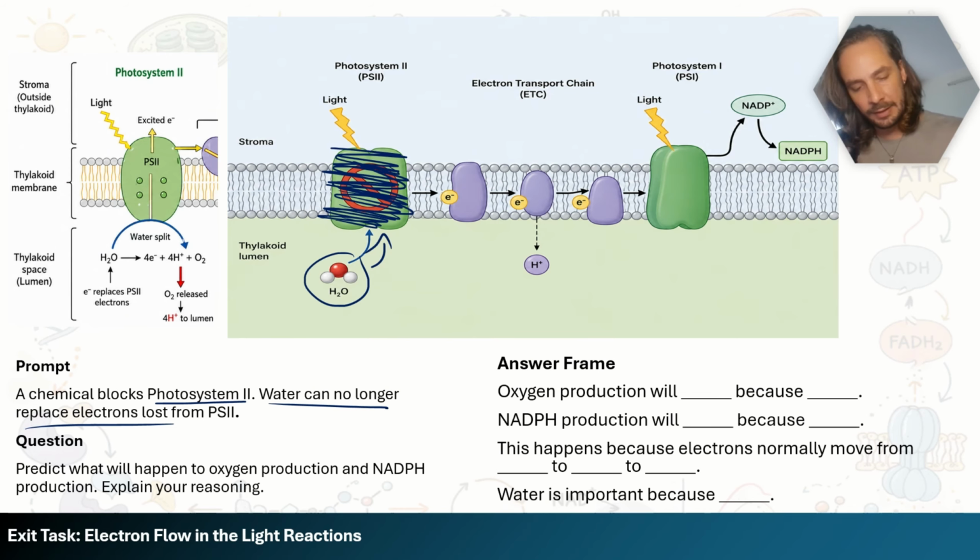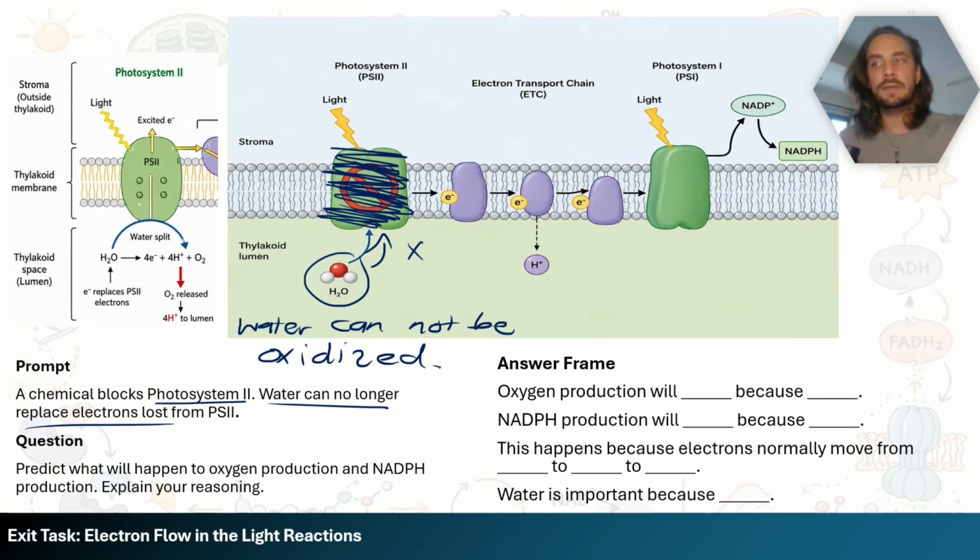So those electrons cannot be replaced, and water cannot be oxidized. It cannot give those electrons away. What is going to happen to oxygen and NADPH?